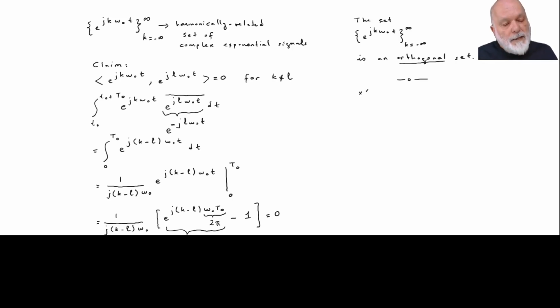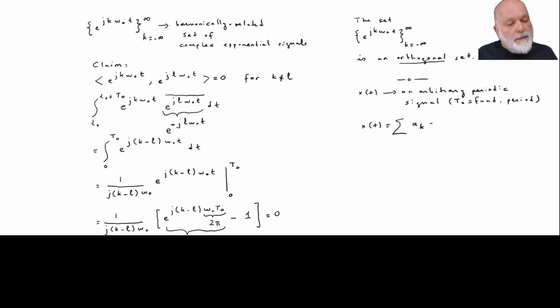We have x of t, an arbitrary periodic signal, and T0 is our fundamental period. x of t equal to the sum of a_k e to the j k omega 0 t is our Fourier series representation, k running from minus infinity to plus infinity.